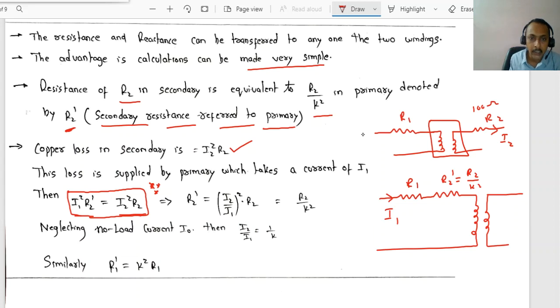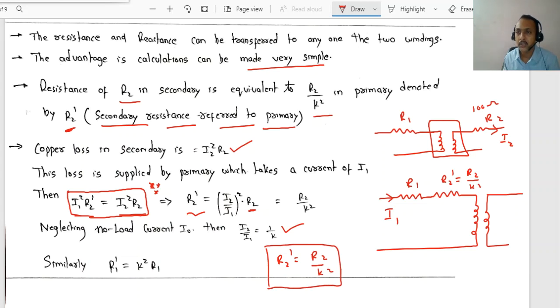Based on that condition, what will be your R2 dash? R2 dash equal to I2 by I1 whole square into R2. But already we are familiar, I2 by I1 equal to 1 by K. Therefore, our R2 dash is equal to R2 by K square.